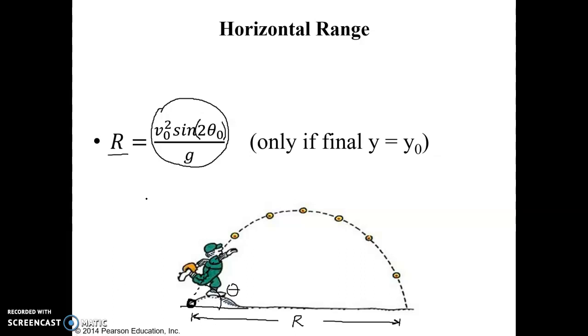As a side note, if you're curious, the angle theta, which results in the maximum distance R, is 45 degrees. So if you're, say, golfing or trying to launch a projectile as far as it'll go, the optimal angle at which to launch it with respect to the horizontal is 45 degrees.